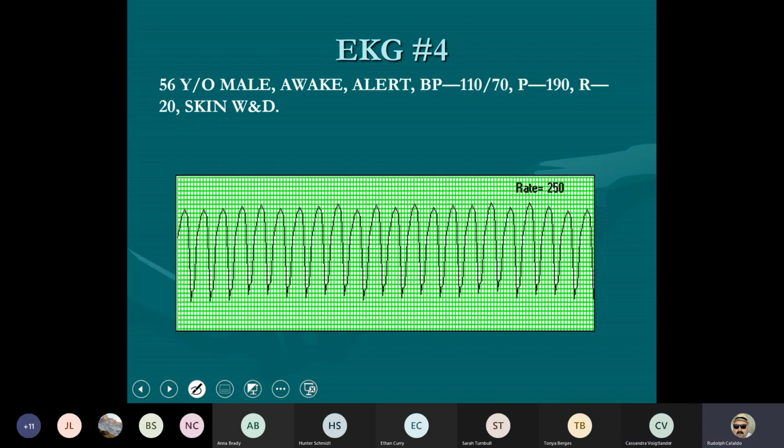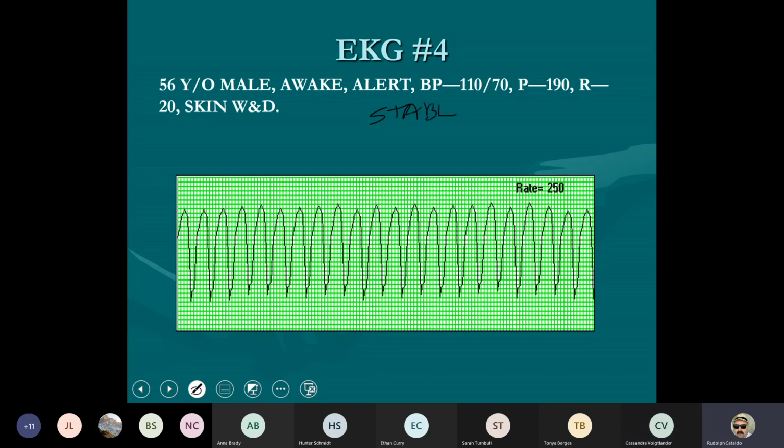Let's talk through our patient now. 50-year-old male, awake, alert. BP is 110/170. Pulse is 190. Respiration is 20. Skin warm and dry. Is my patient stable or unstable? I would say stable. I would 100% agree.